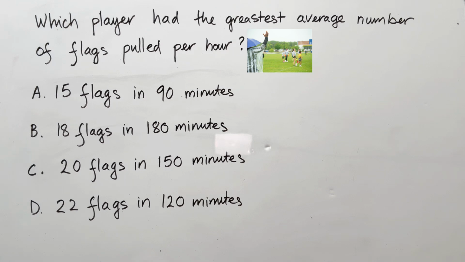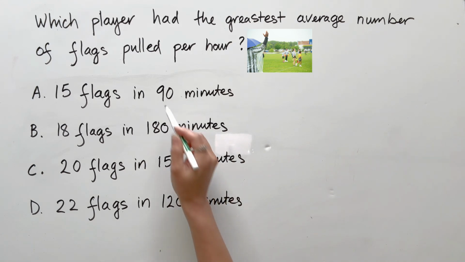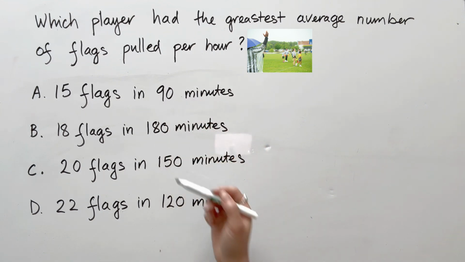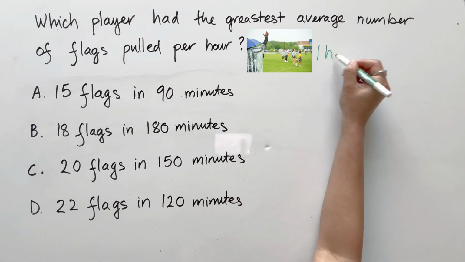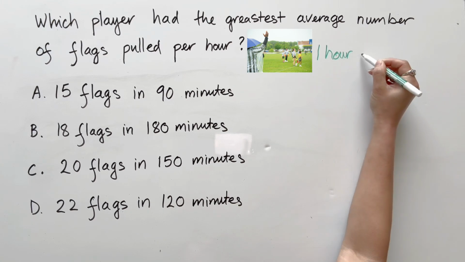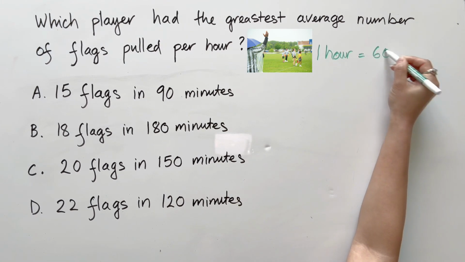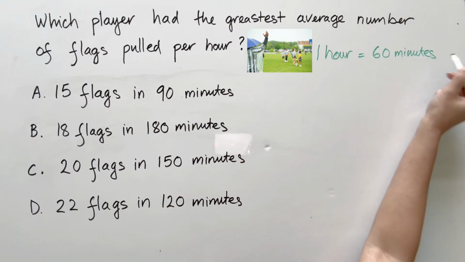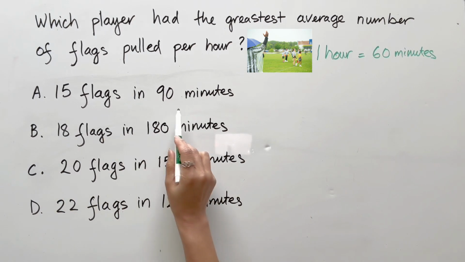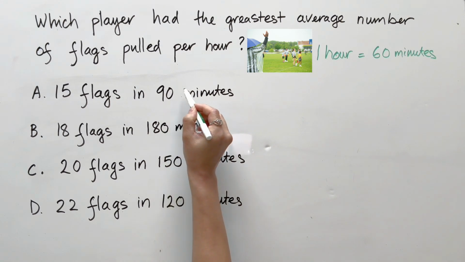Our last challenge is: which player had the greatest average number of flags pulled per hour? Our first step is we will convert these minutes into hours. Okay, so let's work together. We know that 1 hour equals 60 minutes. So the first one is given to us as 90 minutes here.